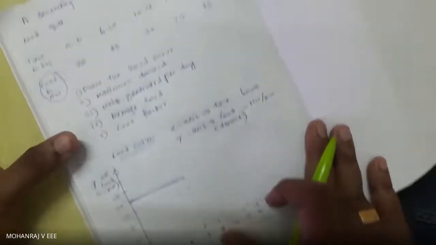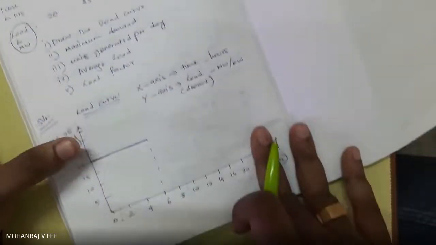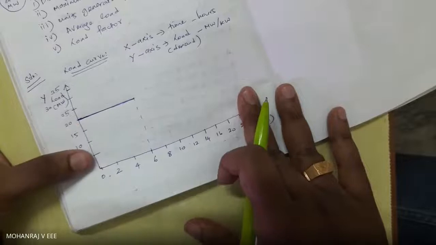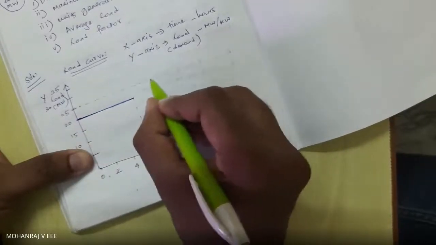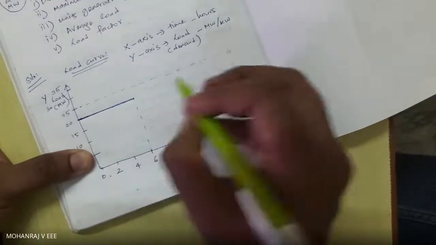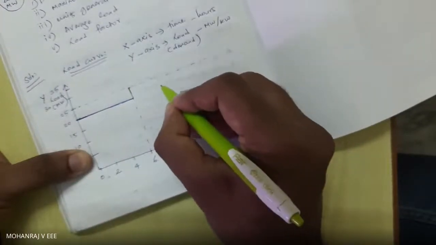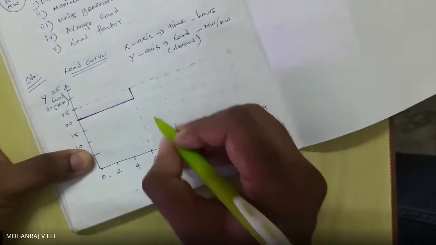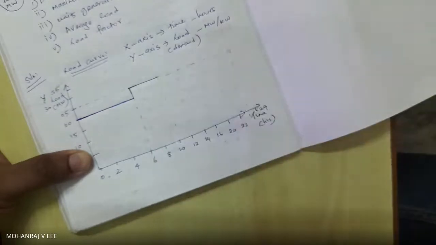Right, that is fine. Now from 6 to 10, it is 25 megawatt.